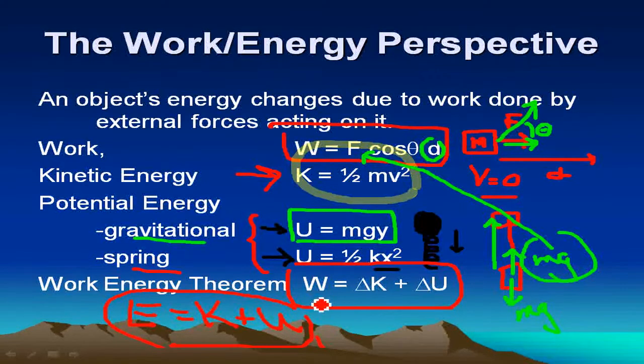So the work energy theorem is just simply saying, look at the kinetic energy and potential energy at the two places, subtract them, the kinetic energy beginning and ending, and potential energy beginning and ending, and then ask yourselves, is the sum of those differences equal to 0?